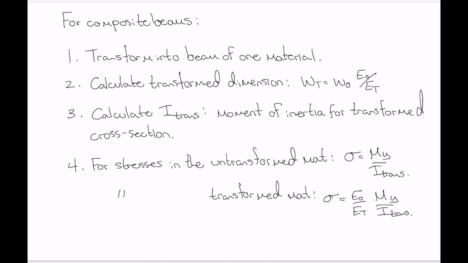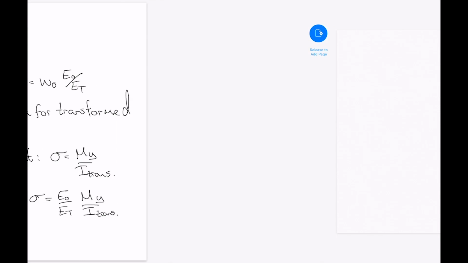So let's do an example problem to show you how this all works, because that will make the whole process make a bit more sense. In this case, we're going to have a piece of wood that is topped with a piece of steel to increase its strength. We've got a steel plate like this, and we'll assume that it's bolted to a piece of wood below.